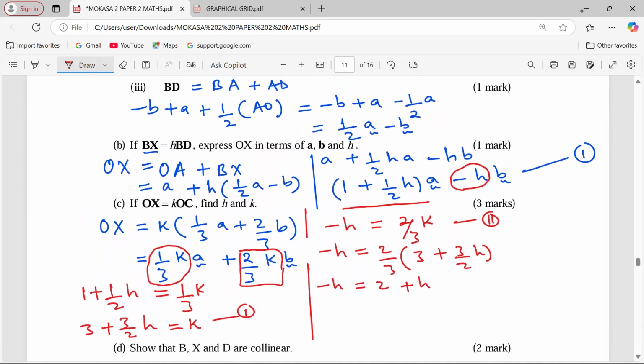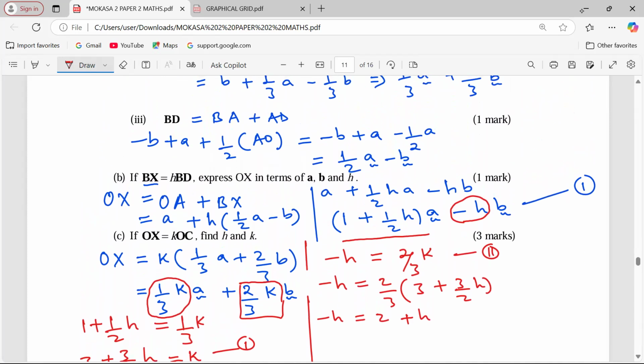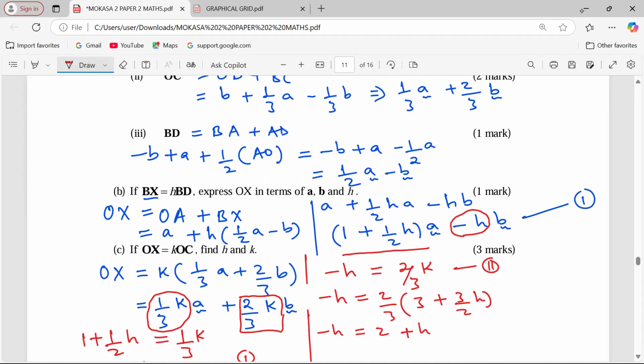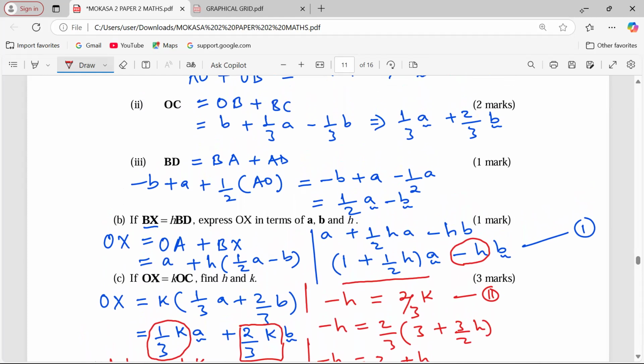From the first expression, at this point, vector A, we were coming up with the vector OX by passing through BX.